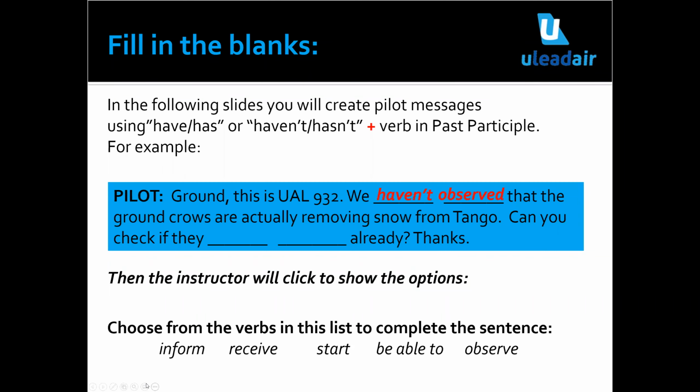You take it from down here. So the only thing is like we have observed or we haven't observed that they're removing snow. Either way, can you check if they have started already? In this case, they haven't even seen any work done yet, and they're wondering if they're starting, if they're not even finishing.